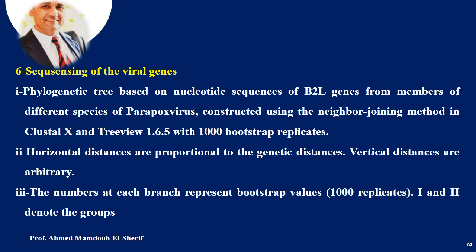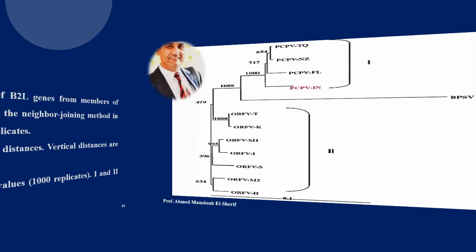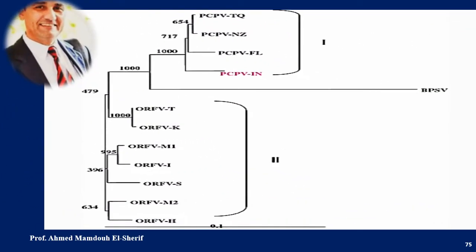The numbers at each branch represent bootstrap values, 1000 replicates. 1 and 2 denote the groups. This is the phylogenetic tree of different parapox virus genes, as illustrated and discussed before.